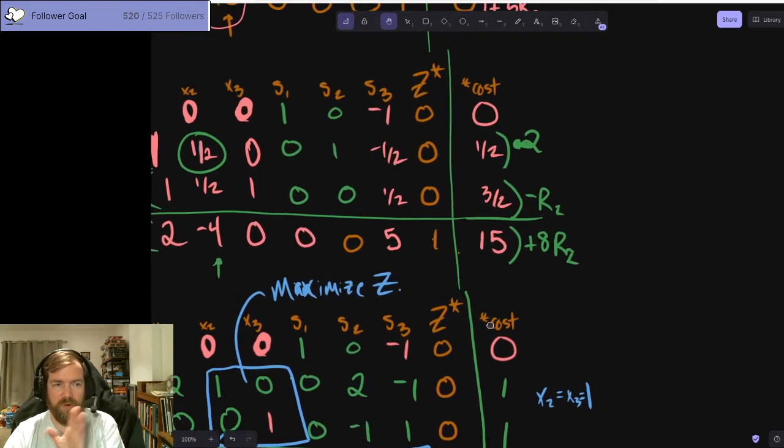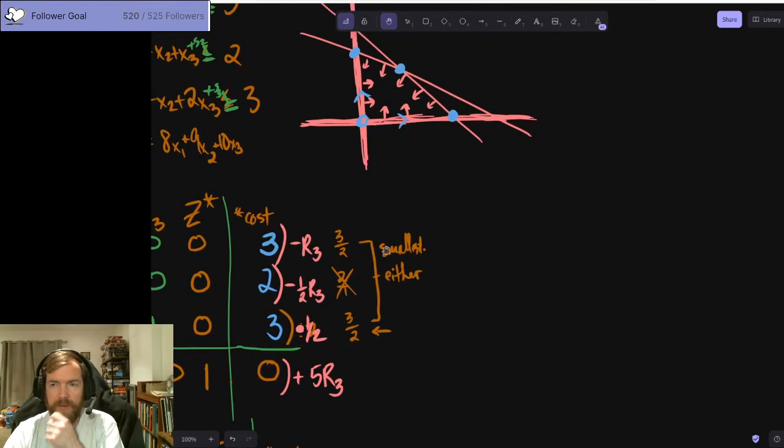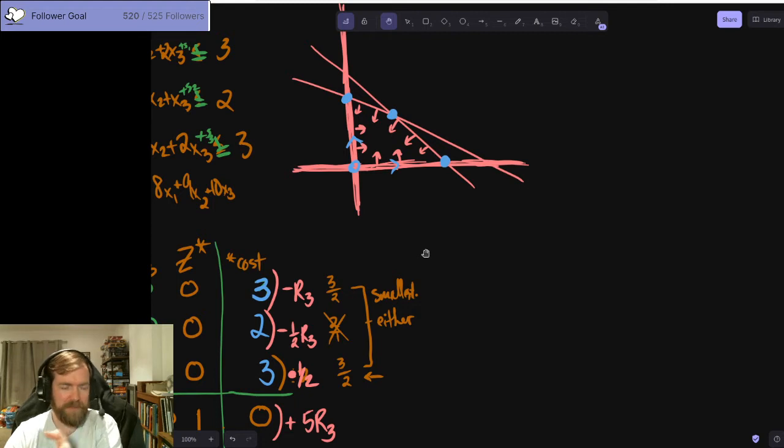So 0, 1, 1. So we go back to our graph, which would, again, be in 3 dimensions, and we find that point 0, 1, 1, and it would be one of the vertices of our 3-dimensional space. So 0, 1, 1 would correspond with this point on the plane where it is right now.